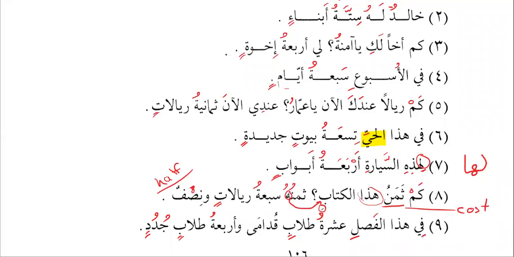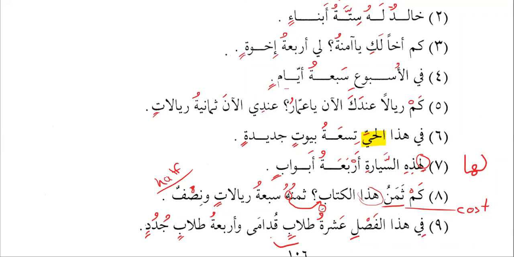In this classroom there are 10 students which are old. No. We would say 10 طلاب قدامى. So this is منعوت and نعت. So we would say 10 old students. And 4 new students.